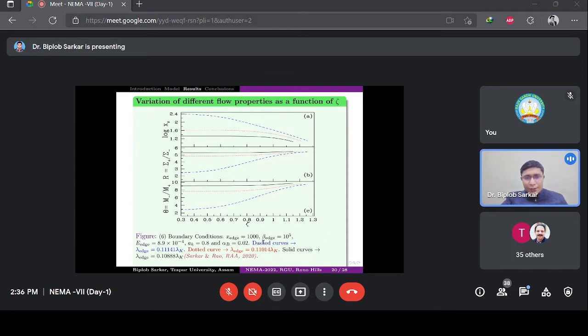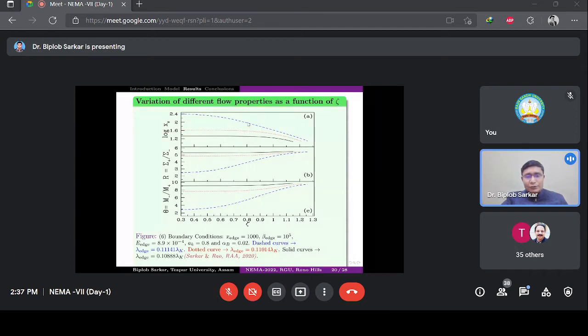Again, the blue curve corresponds to the highest angular momentum at the outer edge, and the black curve corresponds to the lowest angular momentum at the outer edge. If we consider a given value of zeta parameter, suppose zeta 0.8, then when the matter is injected from the outer edge with lower angular momentum, the shock location shifts towards the black hole horizon.